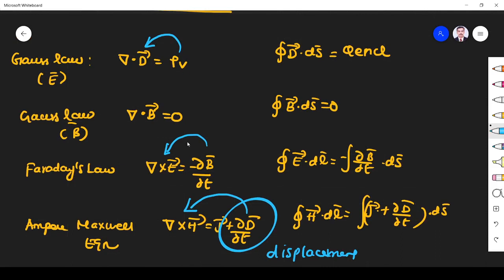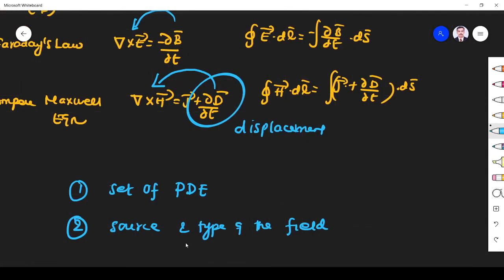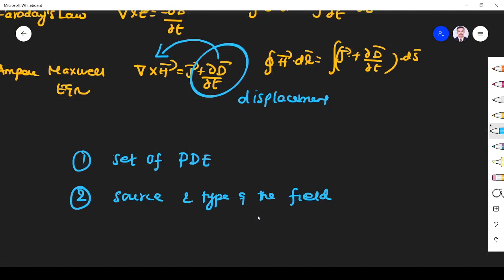So here it is a source, and it is the field created. Rotating electric field is created by time varying magnetic field. Rotating magnetic field is created by time varying electric field. So all the Maxwell's equations relate source and the type of the field. What type of source creates what type of field, right? That is very, very important.